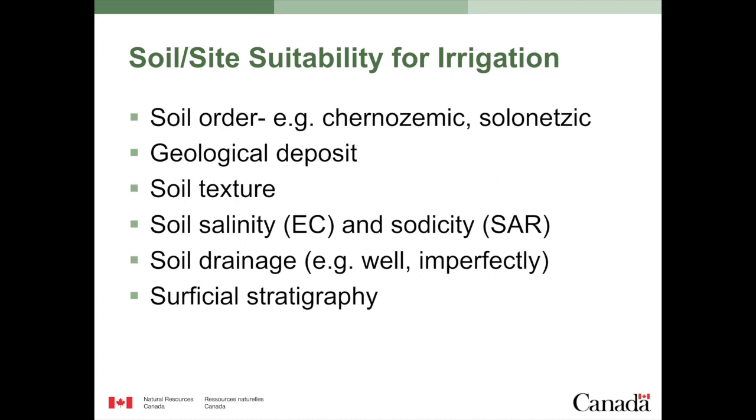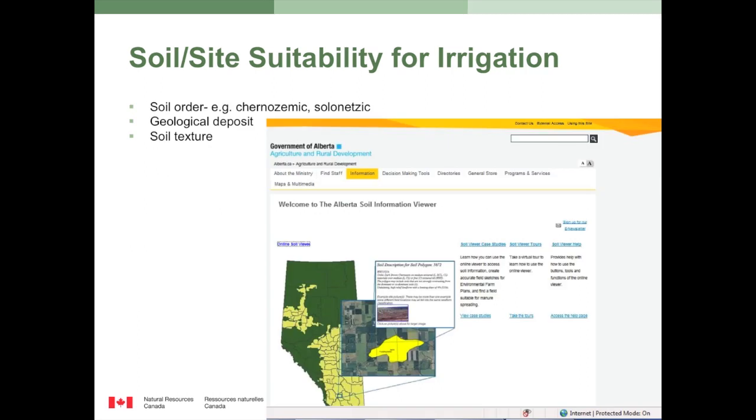This information isn't as hard to get as you think. There are lots of tools that have been built by both the federal and provincial government to help you with this. One of them is the Alberta Soil Information Viewer at Alberta Agriculture Rural Development.